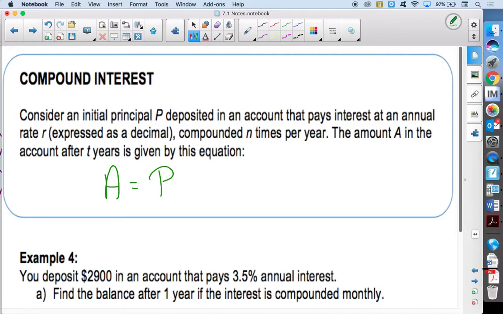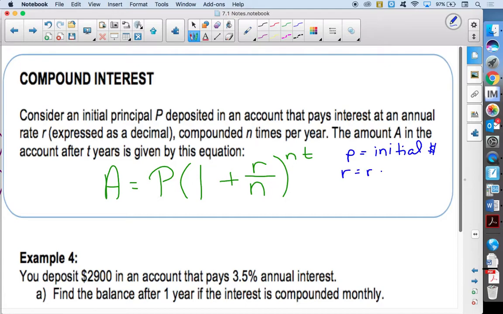But the P is your initial amount. It says principal. Principal is the same thing as amount. We still have that 1 plus. It's always 1 plus because you're earning extra money. And then it would be your rate divided by N, and that's the number of times it's compounded. And then that would be N times T. So P is the initial amount of money.